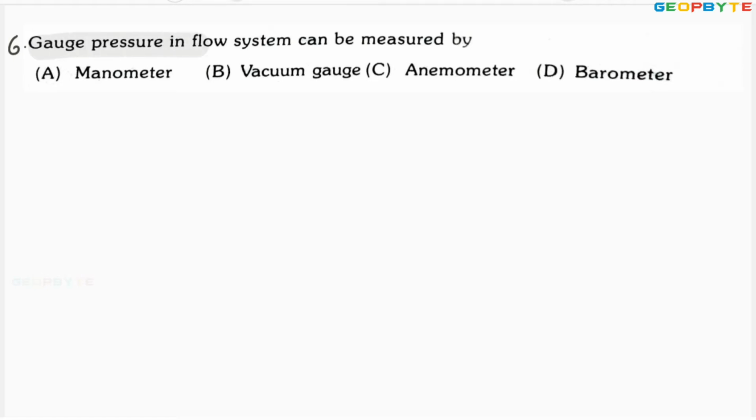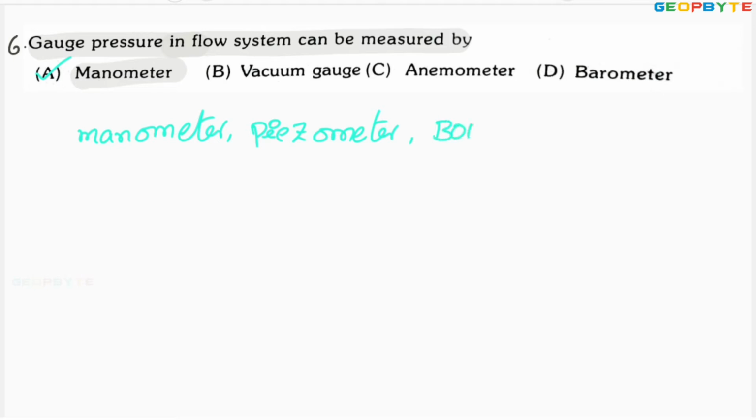Gauge pressure in flow system can be measured by manometer. Okay, manometer can be used directly. Gauge pressure can be measured by either manometer or piezometer or Bourdon's pressure gauge.